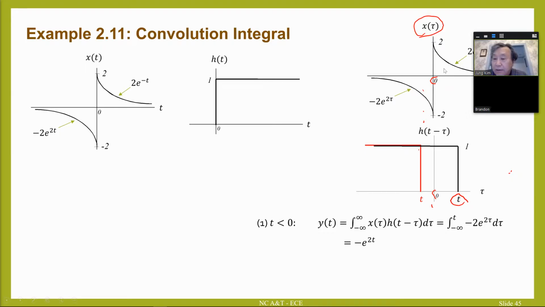The other function is partially overlapped from 0 to t. From 0 to infinity, this function is completely overlapped.